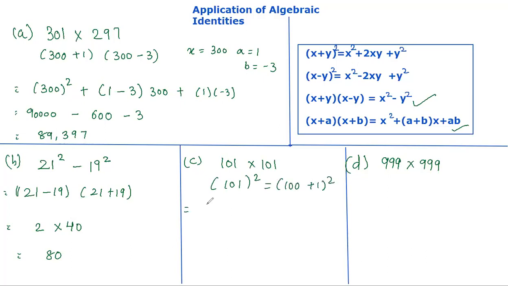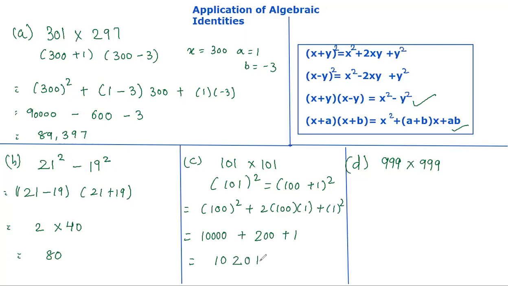So this will give me 100 square plus 2 times 100 multiplied by 1 plus 1 square, and that will be 10,000 plus 200 plus 1, and that will be 10,201.